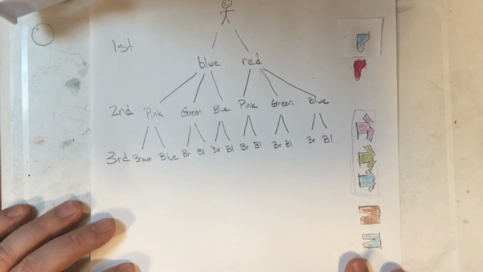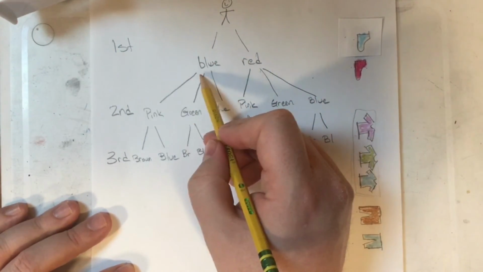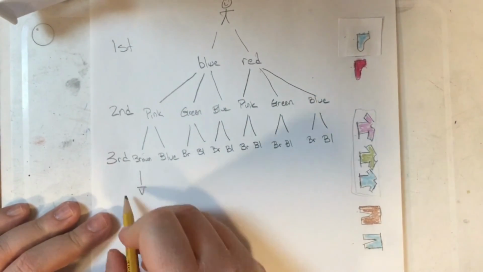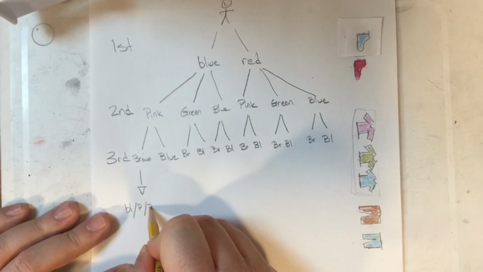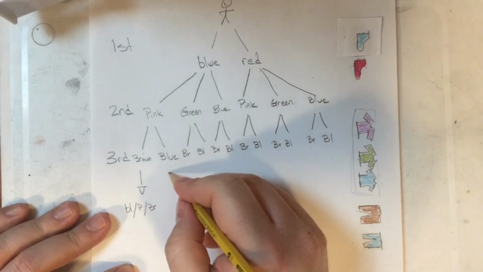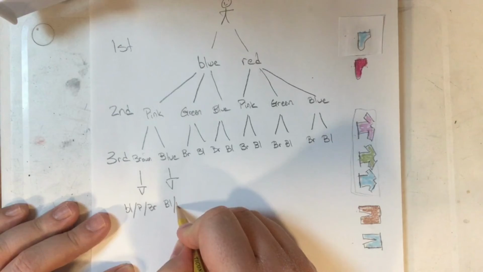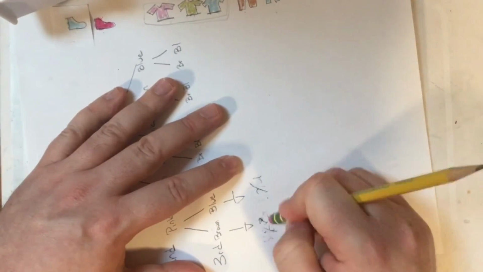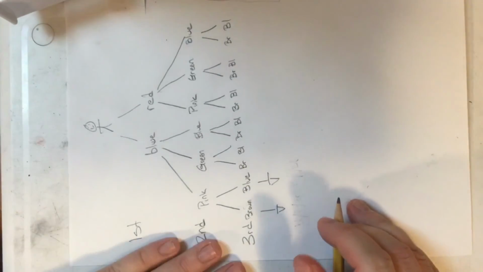So what are his choices? How many options does he have? Well, he could have blue shoes with a pink shirt and brown pants. So he could have blue, pink, brown. Blue, pink, blue. And actually, I'm going to write them this way because I think that's going to make it easier. I'm going to edit this because I can write it and you can see it easier.